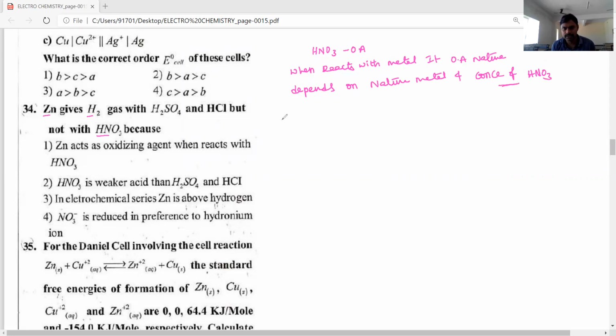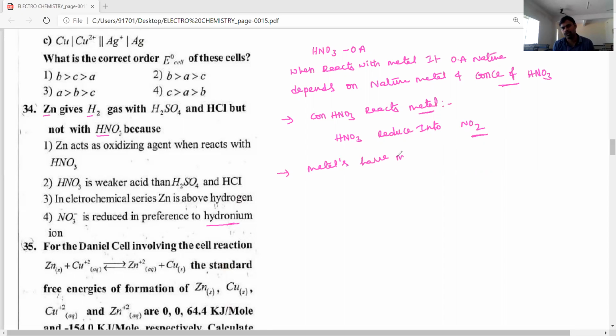The first point: when concentrated HNO3 reacts with a metal, HNO3 is reduced into NO2, nitrogen dioxide, but does not liberate hydrogen gas. It is reduced into NO2 because NO3- is reduced in preference to H+ ions, or nascent hydrogen reduces NO3- into NO2 gas.